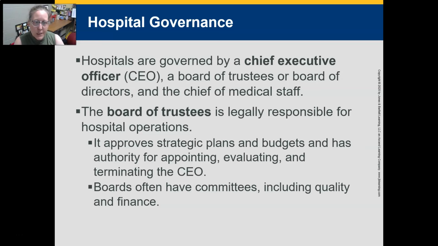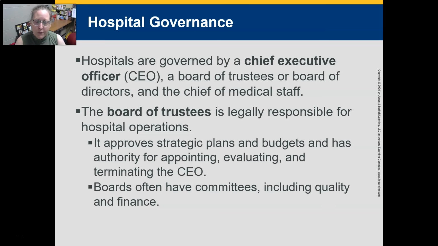The board of trustees or the board of directors is legally responsible for the hospital's operations. It can approve strategic plans and budgets. It has the authority for appointing, evaluating, and even terminating the CEO. So if the CEO is not doing a good job, and there are problems going on, the board of trustees can just fire them and hire somebody else to run the hospital.